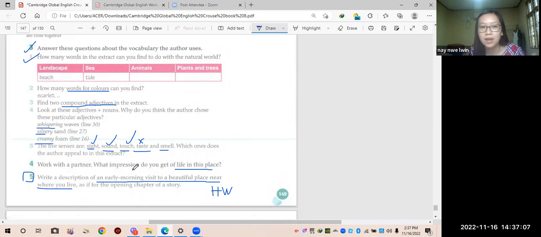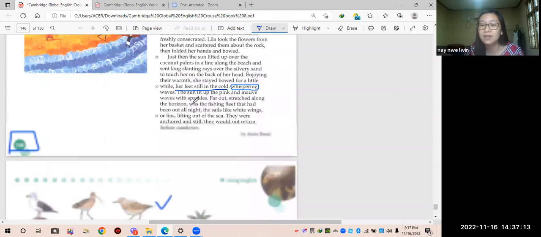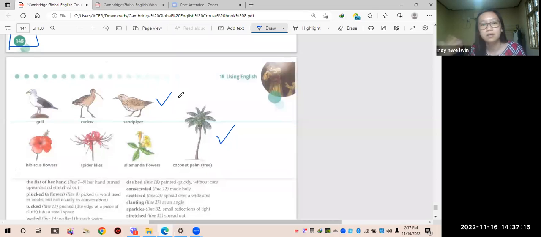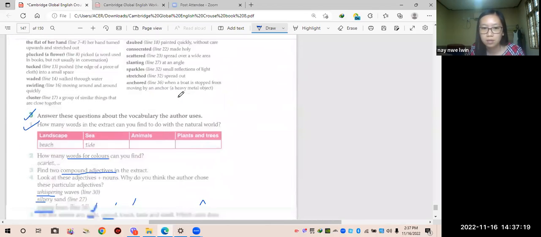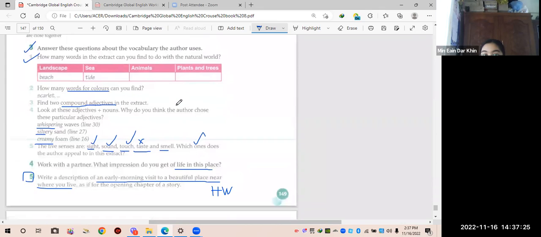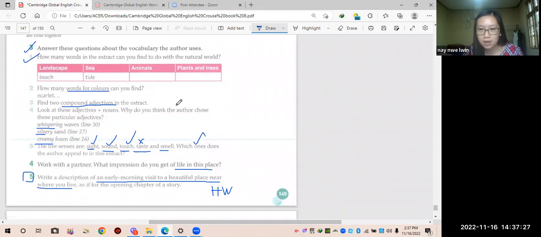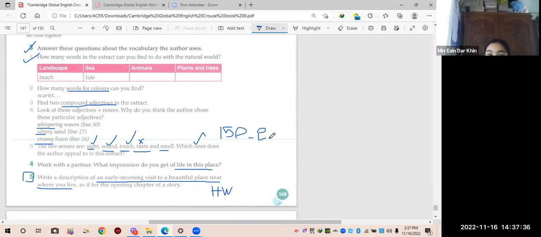You have to include sense vocabulary, just like this one, describing what you see, hear, smell, or touch. The word limit will be between 150 and 200. Is that okay for you? Yes. Does it have to be near where I live?